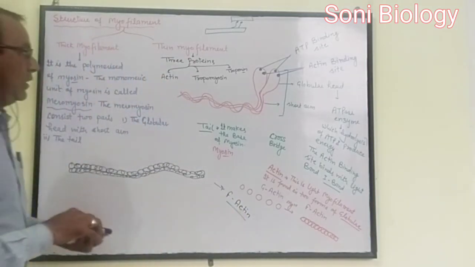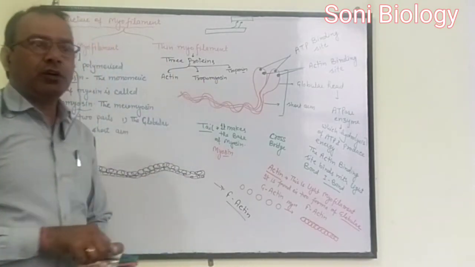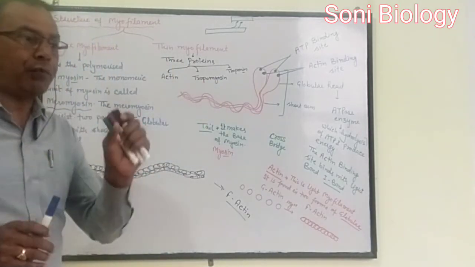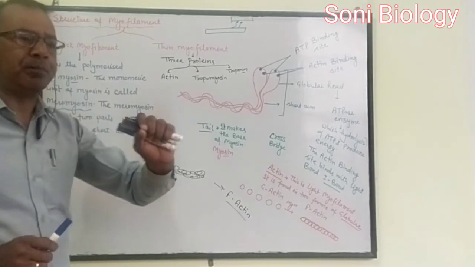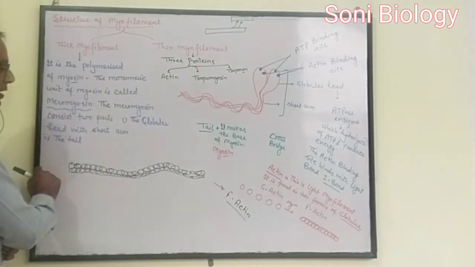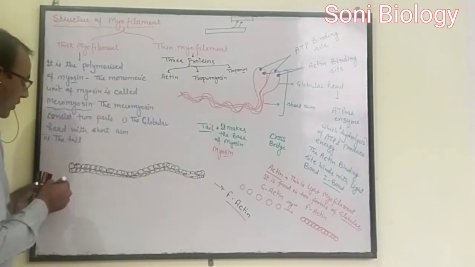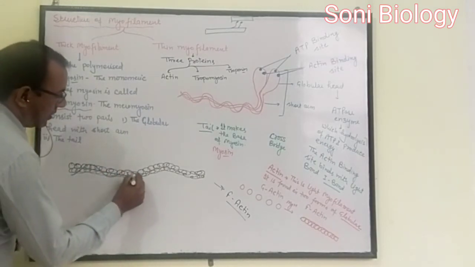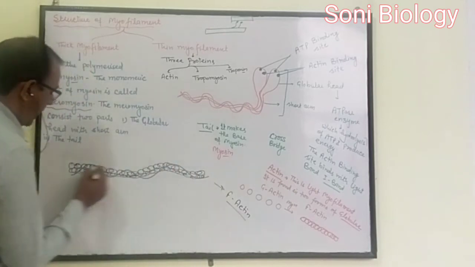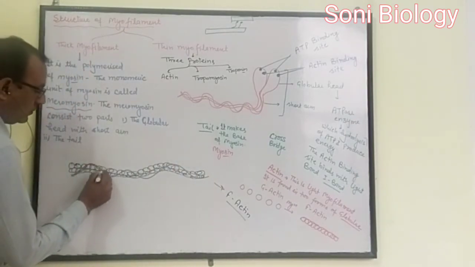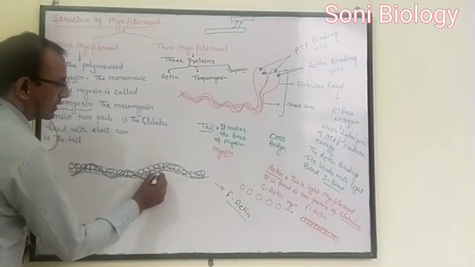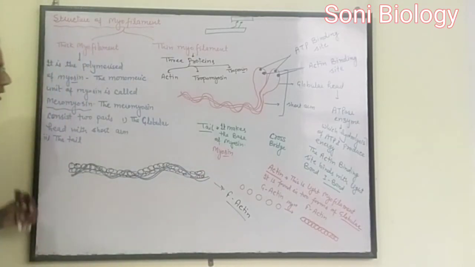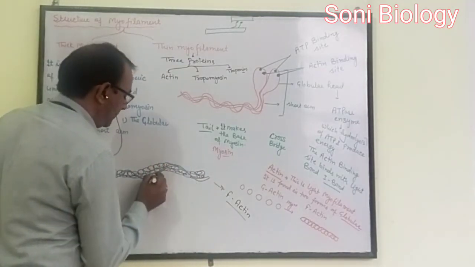And the second one is tropomyosin. Tropomyosin is a fiber-like structure: 2 thin thread-like structures that run parallel to the F-actin. These thread-like structures are called tropomyosin.